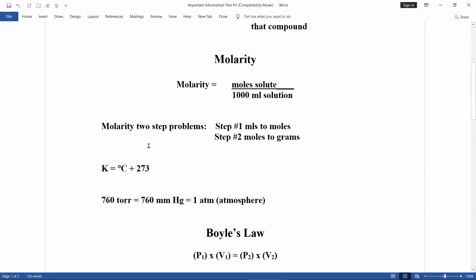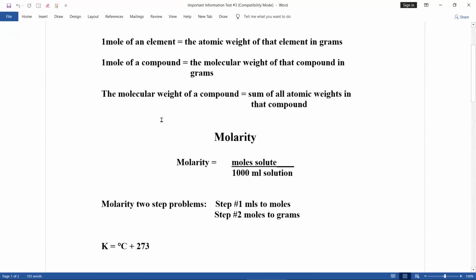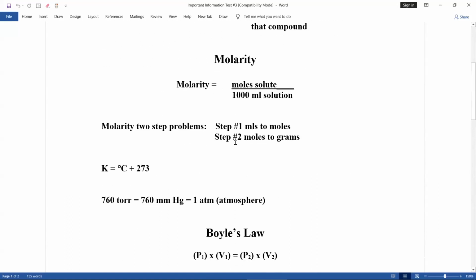Then I have the molarity 2-step problems. I also have stuff for the gas laws we'll talk about tomorrow when I go through the gases problem. And the first step is milliliters to moles, and the second step is moles to grams. So when you have to do 2 steps for molarity, milliliters to moles and moles to grams.